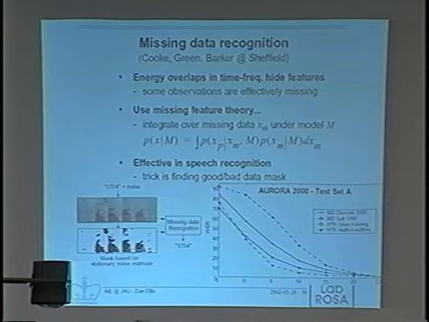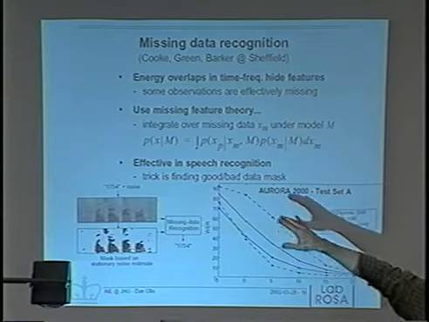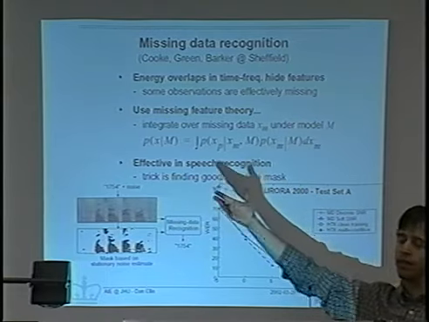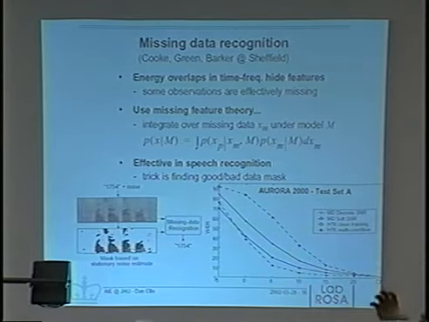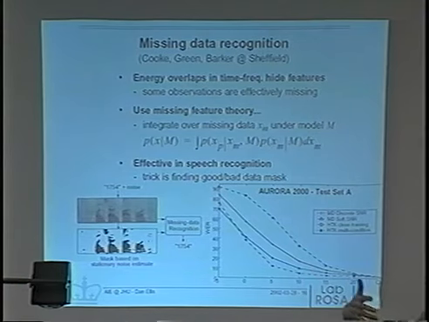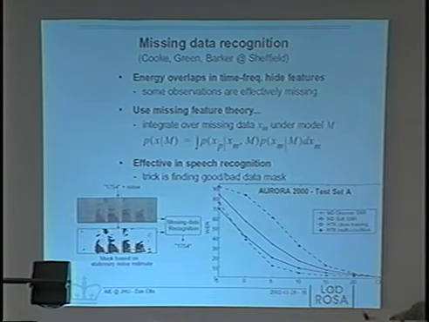They've been doing a lot of work in missing data recognition. The basic idea is that in your feature dimensions, some accurately represent the underlying speech, and some have been corrupted by additive noise. Let's say you've got spectral features, and there are certain channels where there's band-limited noise, or for whatever reason your speech signal is weak in that band, and so it's dominated by noise.